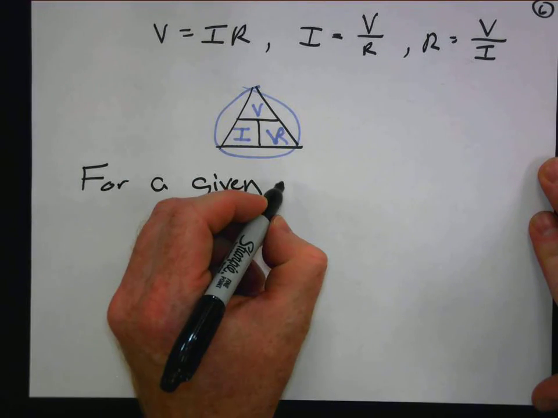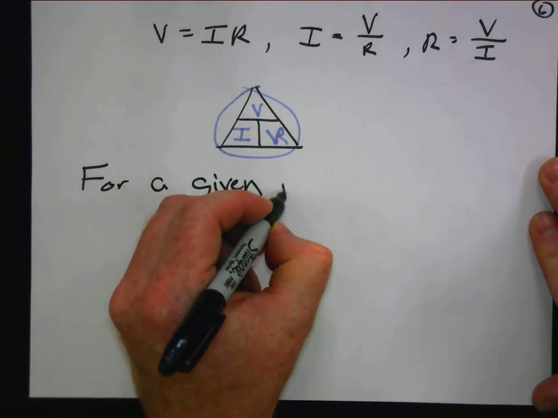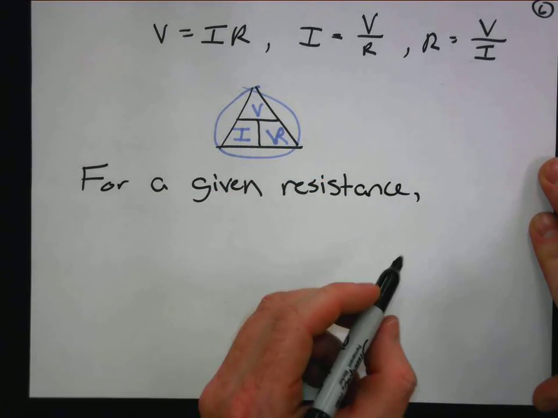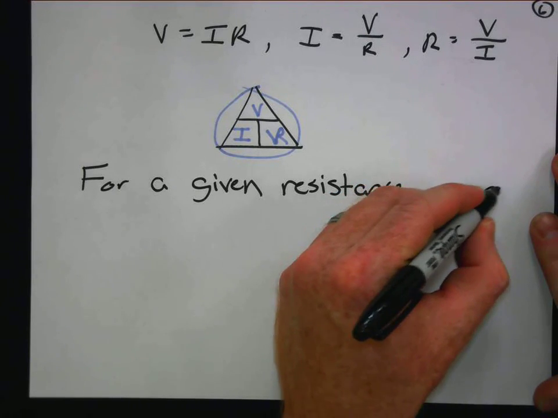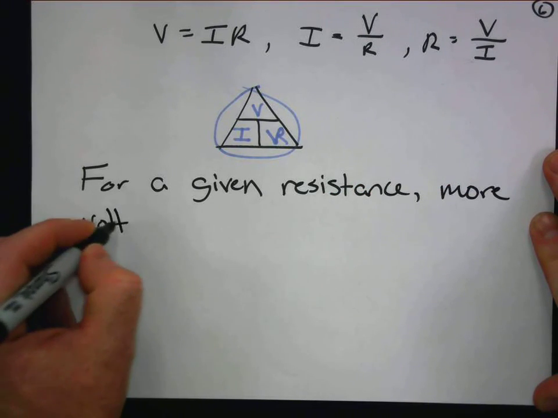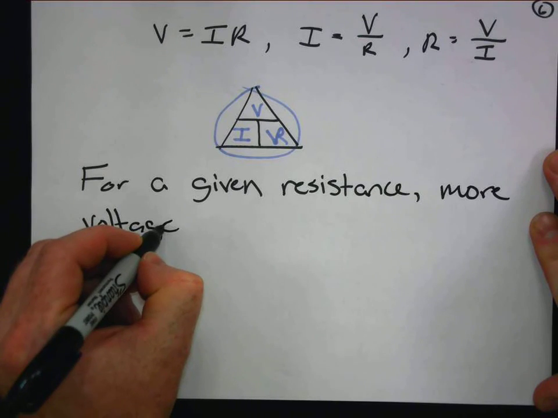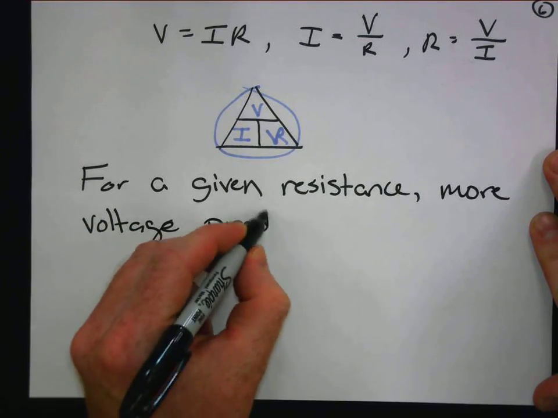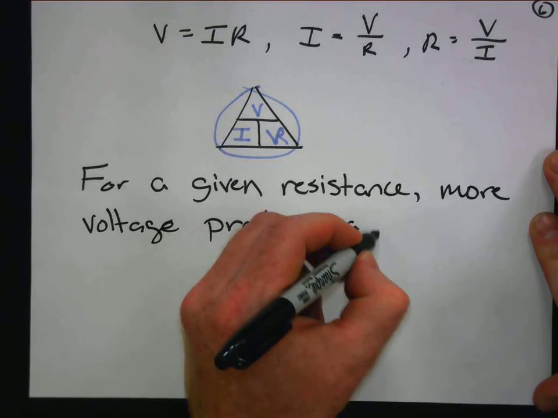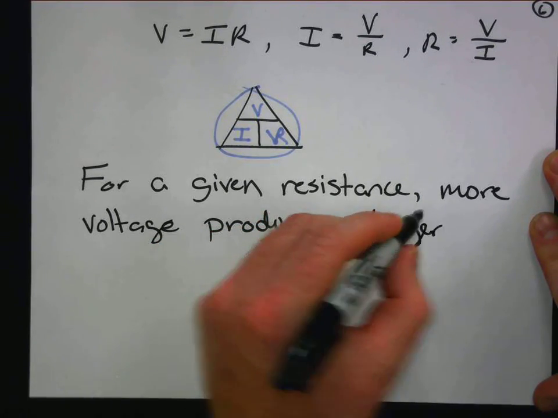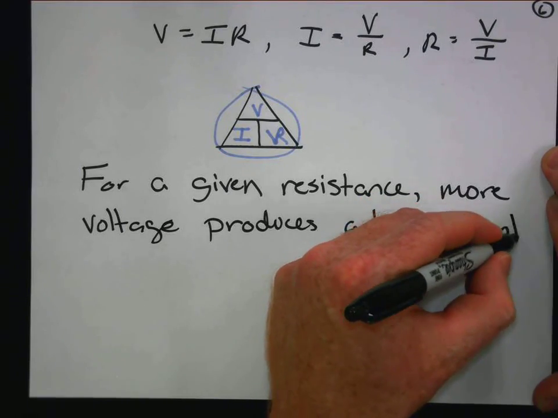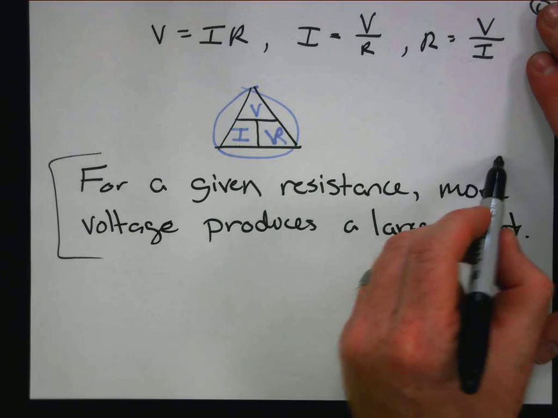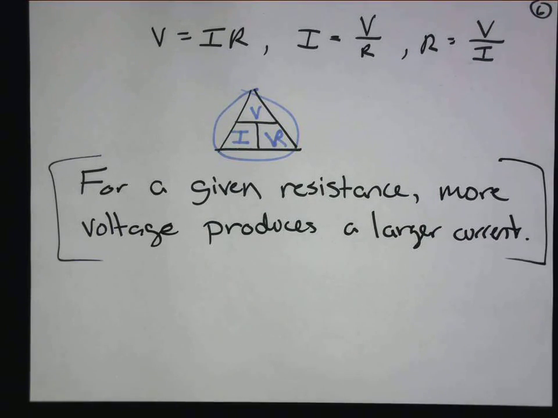For a given resistance, more voltage, that's an E, produces a larger current. End statement. This is a very important thing to understand.